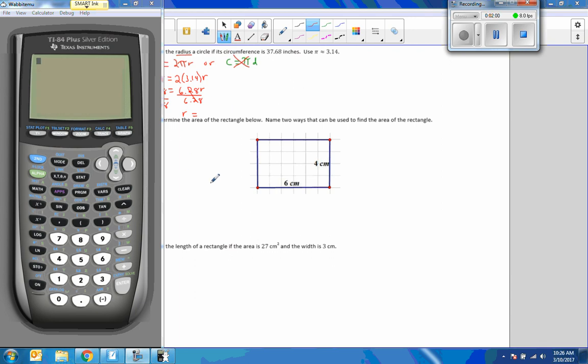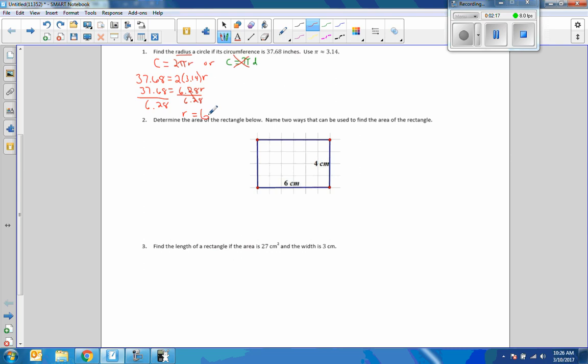Okay, so here's my calculator. 37.68 divided by 6.28 equals 6. So the answer is radius of 6. Okay?